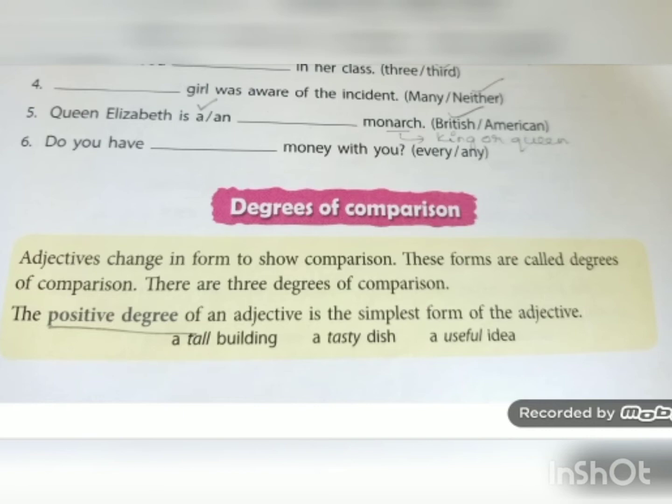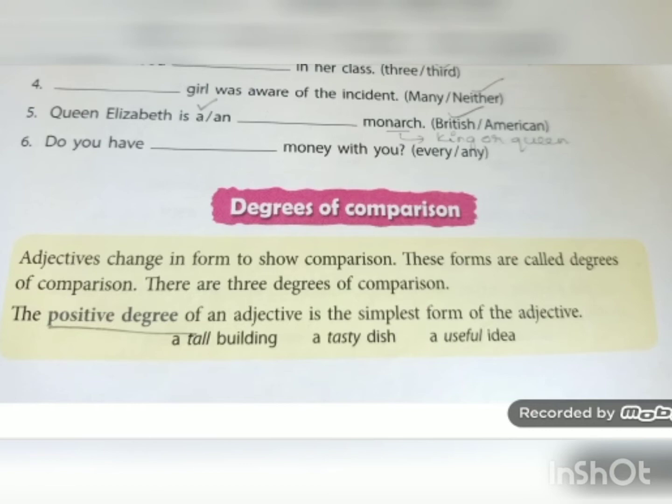So, there are three degrees of comparison: the positive degree, the comparative degree, and the superlative degree. First, let's discuss the positive degree. The positive degree of an adjective is the simplest form of the adjective. Here in positive degree, no comparison is made.